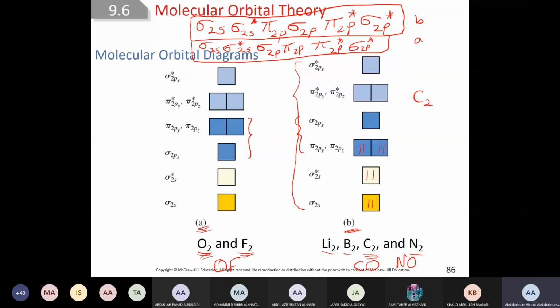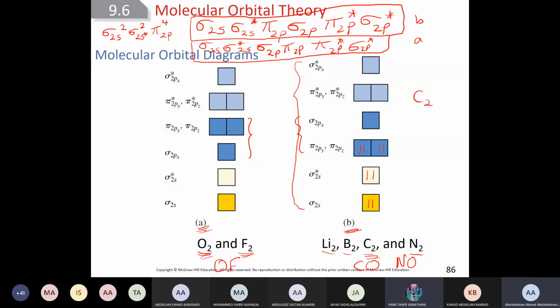Now, you can write it this way, or you can simply write sigma 2s 2, sigma star 2s 2, and then pi 2p what? 4.